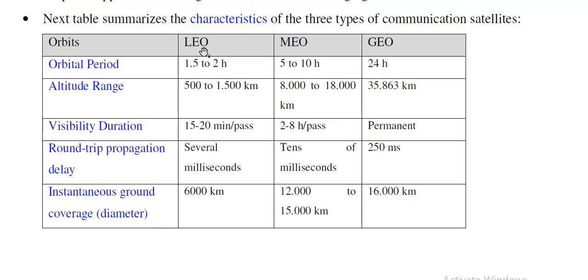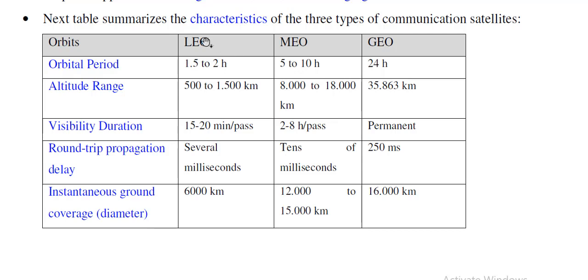Here it doesn't mean that the LEO is faster, no. It means that the Earth is faster and the Earth will turn again, and if we fix a point on Earth, the closest point to that satellite, and we let 2 hours pass, then after 2 hours we can see the satellite again. The same thing for the MEO, between 5 and 10 hours.